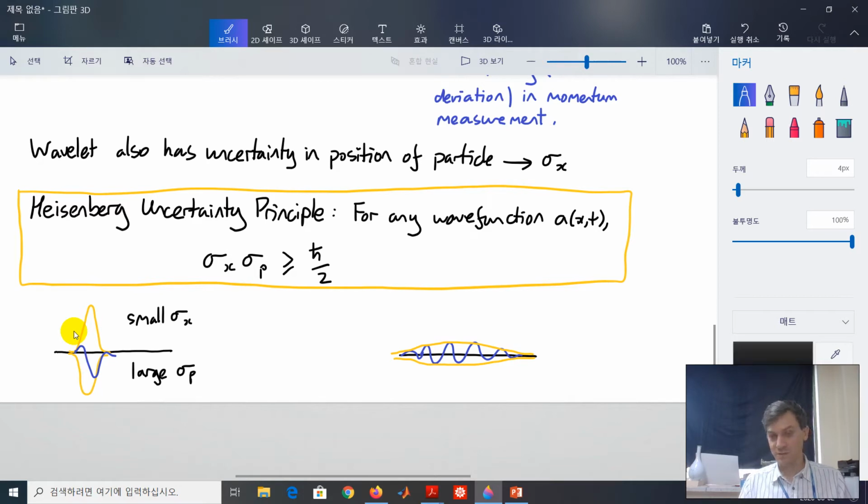So a wavelet which looks like this will have a small uncertainty in the momentum, but it will have a large uncertainty in the position. And in both of these cases, what the Heisenberg Uncertainty Principle says is that if you multiply together the uncertainties, then the product must be bigger than a certain number.